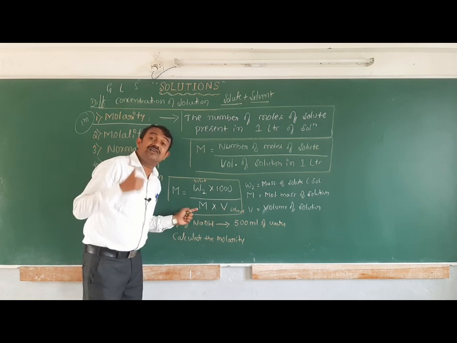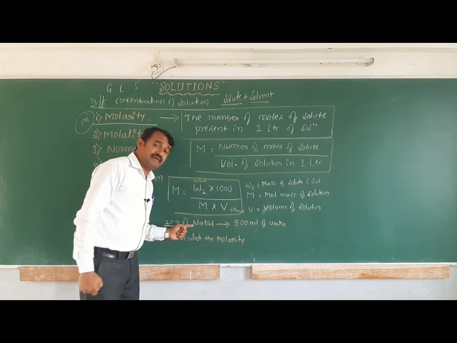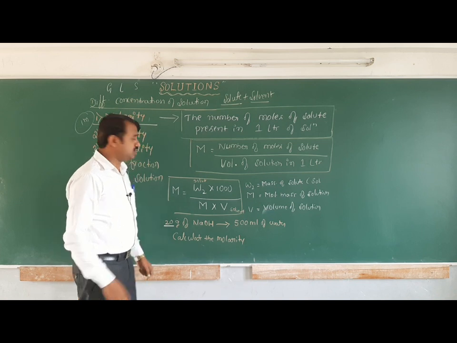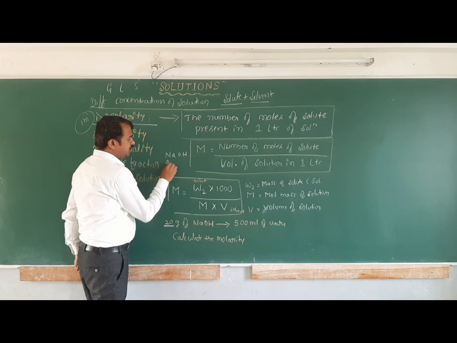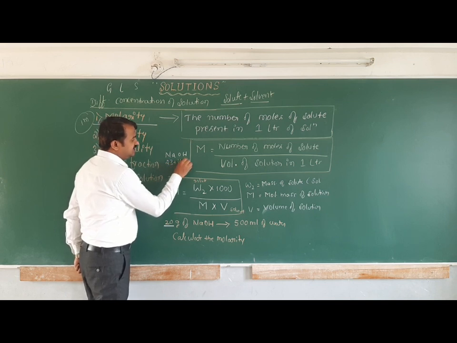What is M? Molecular mass of sodium hydroxide. NaOH molecular mass: sodium is 23, oxygen is 16, H is 1. Total molecular weight is 40.